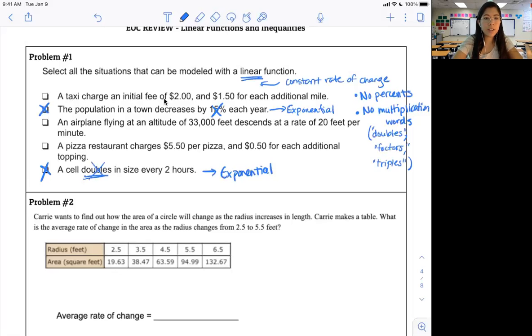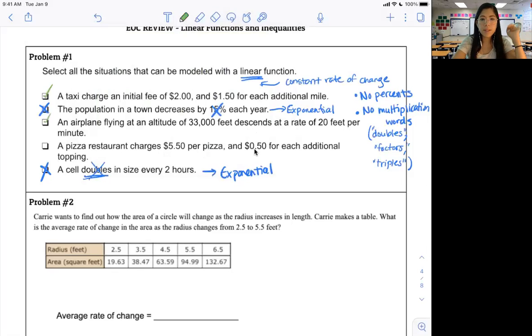A taxi charges an initial fee, that's the y-intercept, and $1.50 for each additional mile. Addition, we're adding, totally fine. An airplane flying at an altitude of 33,000 feet, that's the y-intercept, descends at a rate of 20 feet per minute. Feet per minute, that's speed. We're good. And finally, a pizza restaurant charges $5.50 per pizza.